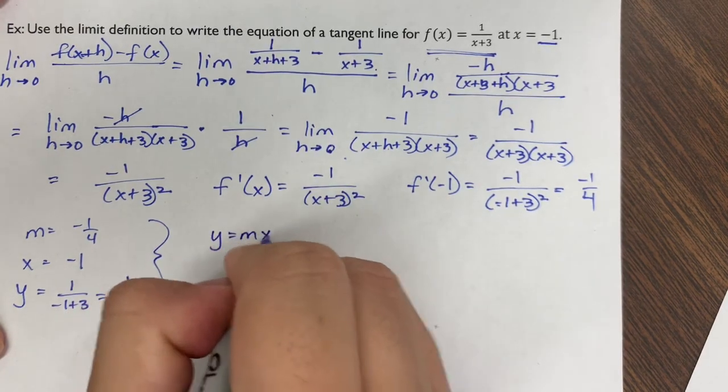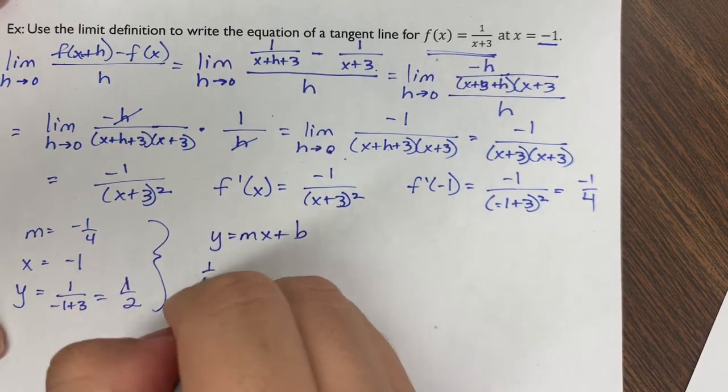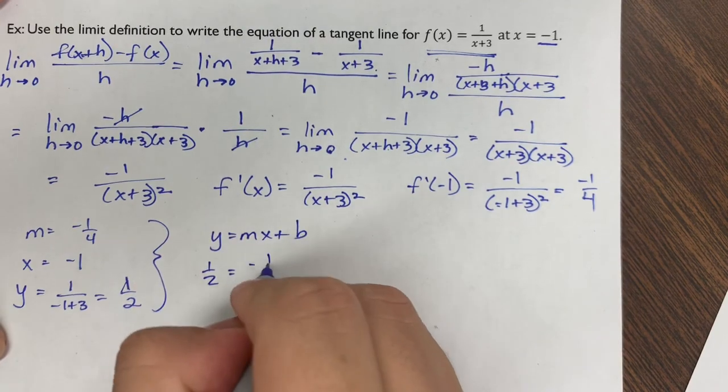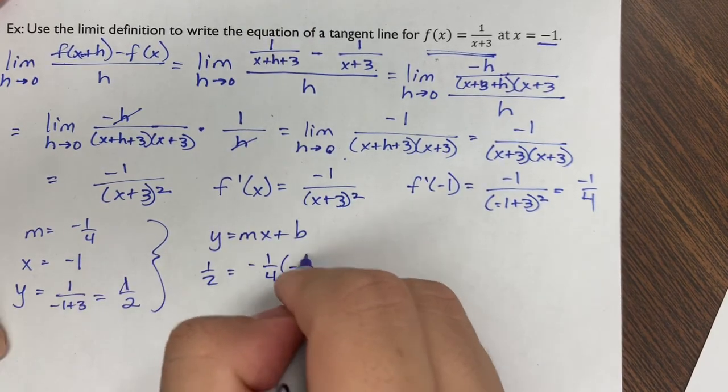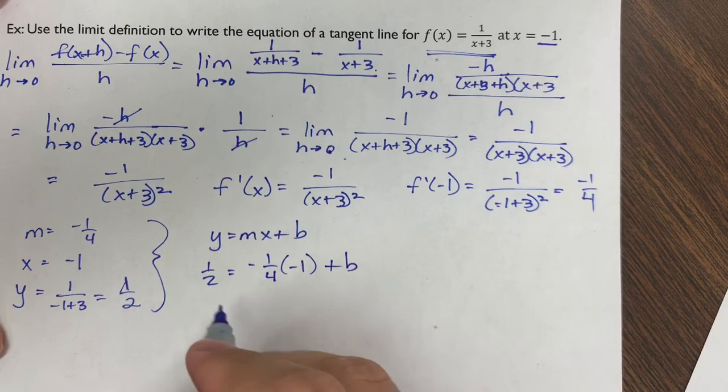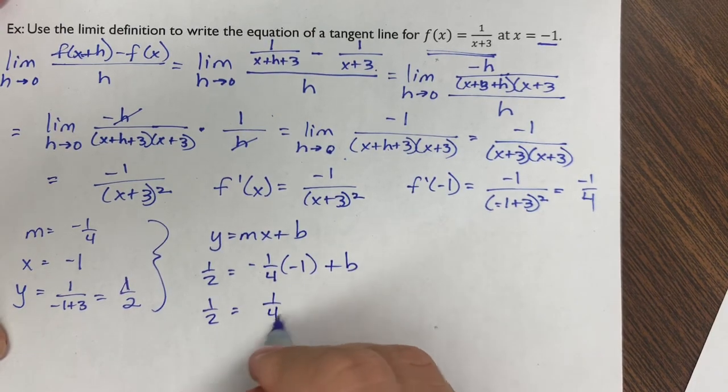All right, so now I create my linear equation. y equals mx plus b. I plug in 1/2 equals negative 1/4 times negative 1 plus b. So then I have 1/2 equals 1/4 plus b.